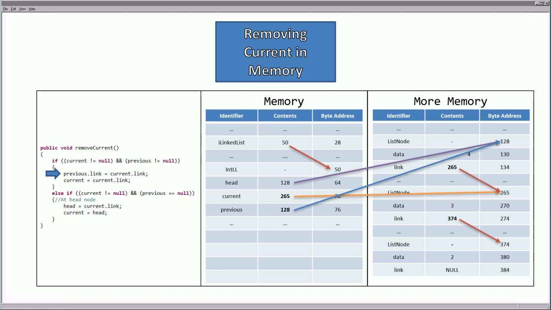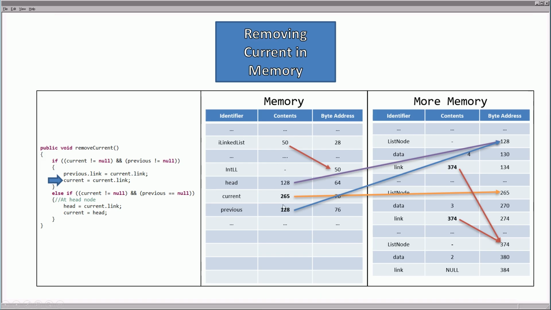We now assign what is currently at previous.link, this memory address right here, is equal to current.link. So what happens is previous.link is reassigned the value 374, which now refers to the object past where current is. Now we reassign current is equal to current.link. Current right now refers to memory address 265.